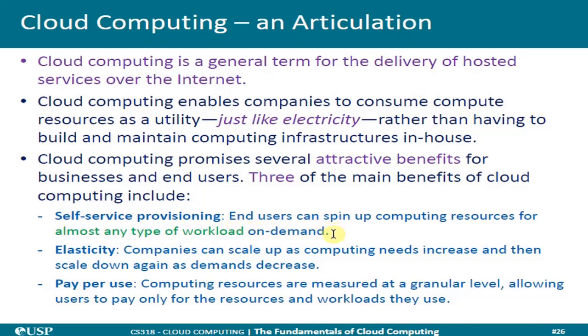For example, if I am a user and I have a very compute heavy program that I want to run for maybe some experiment, and I don't have the PC specs required to run that code, I can go to AWS, Google, IBM or Microsoft, and I can get the database or the compute power, the CPUs, that I require to run my particular program. That's what we mean by end users can spin up computing resources for almost any type of workload on demand.